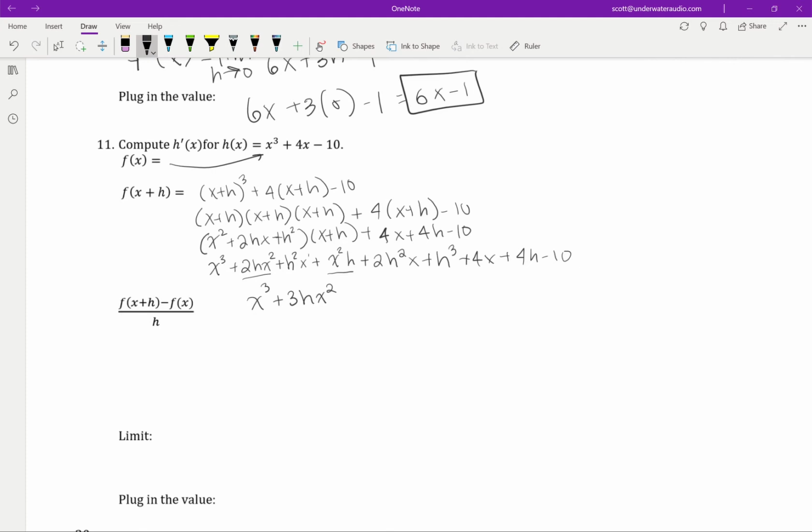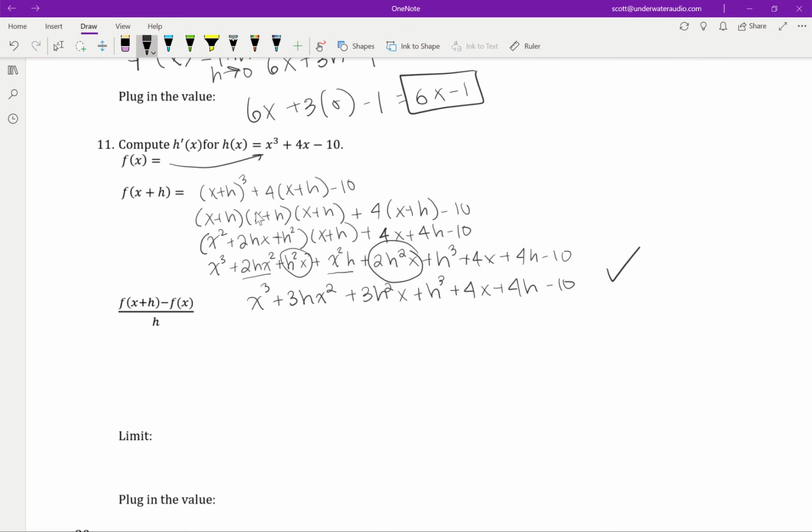Oh, and actually it happens again: h squared x and a 2h squared x. So that's plus 3h squared x plus h cubed plus 4x plus 4h minus 10. Okay, so I simplified it. I've done that step, check.